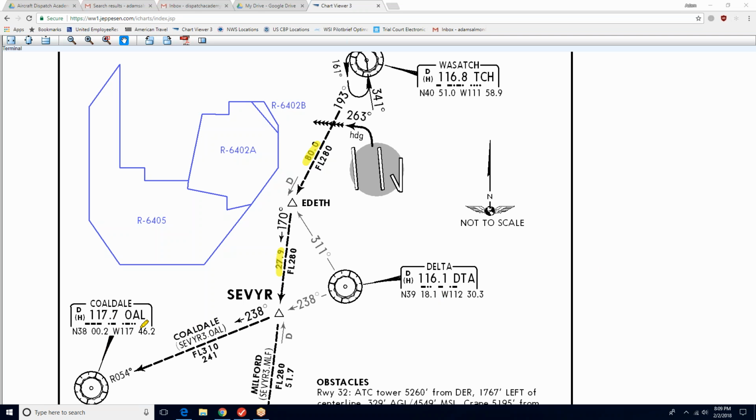So just to put it in perspective, SIDs and STARs can really take you a long way if you follow them out to the furthest possible transition. If somebody was using the Severe 3 departure, this is where the dispatcher is the one who really picks this, and you're the one doing the planning. The dispatcher decides, okay, I've got this flight going Salt Lake to LA, or let's say it's going to Oakland.